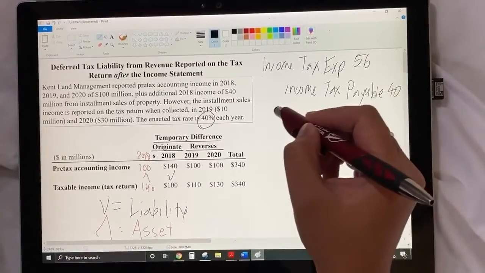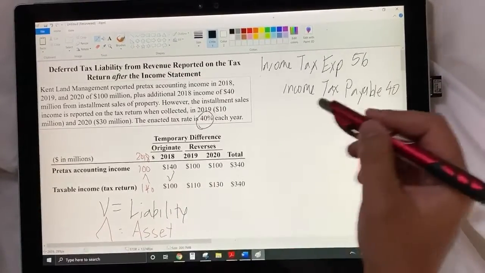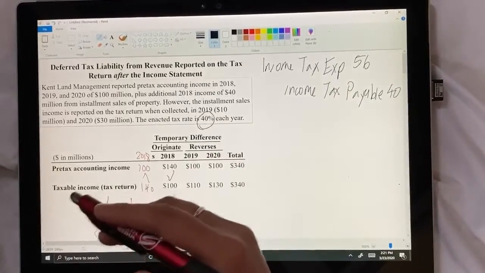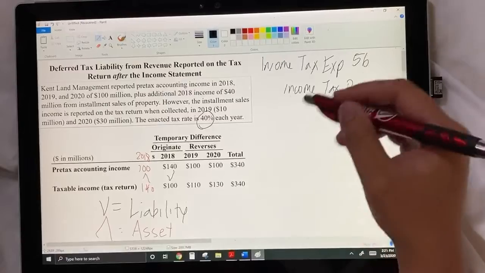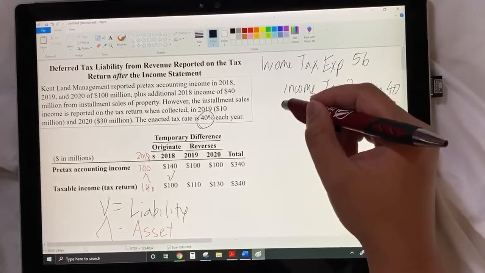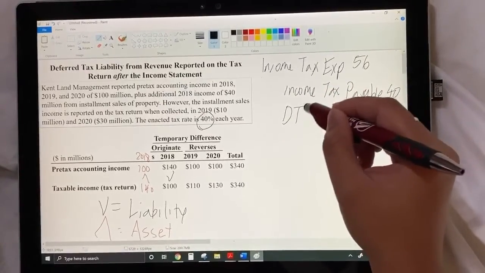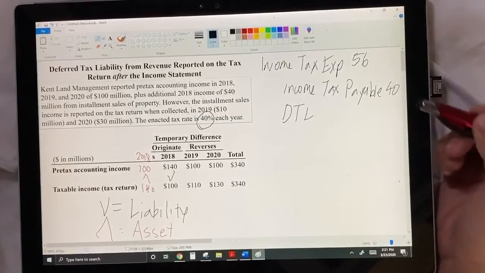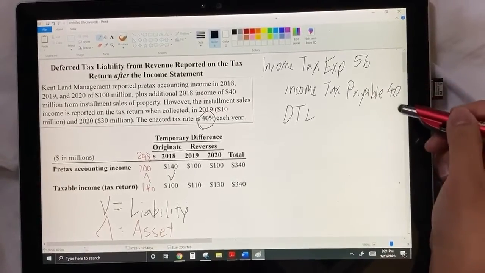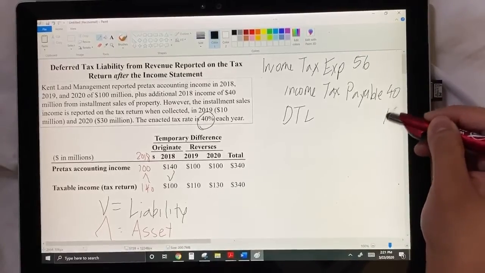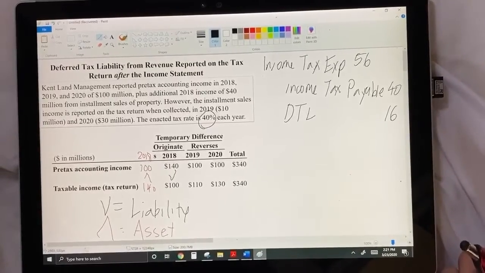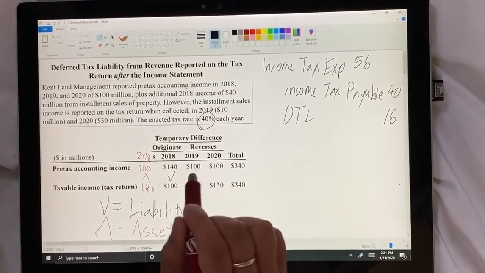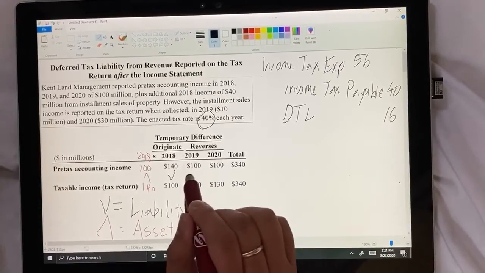And then DTL, the normal journal entry for that is credit. So DTL, normal balance. It's going to be the difference, so it's 16. So this is for the year 2018. Now we look at the rest of the years.